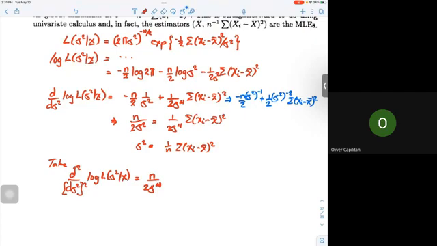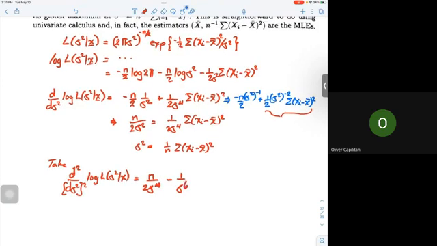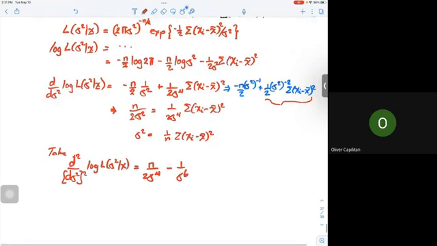Then sa kabila naman, magiging negative 2, so cancel siya sa 2. Yung maiwan niya, negative 1, minus 1, minus 3, so sigma to the 6. Then maiwan pa rin ito, x sub i minus x bar quantity squared.